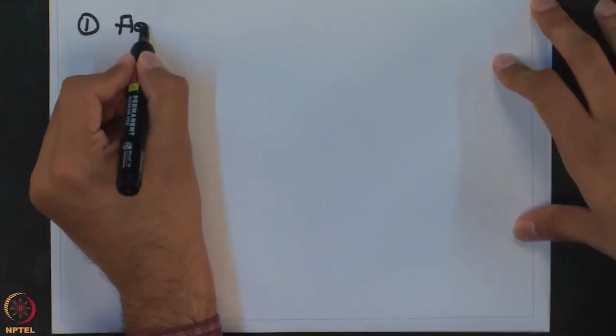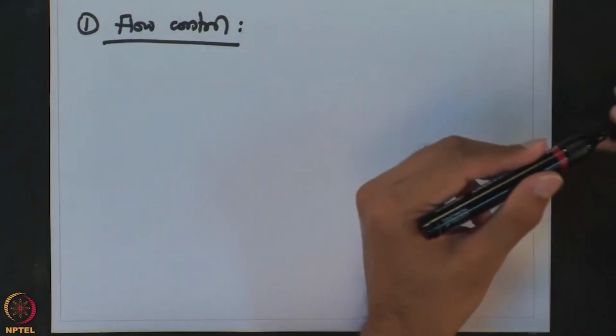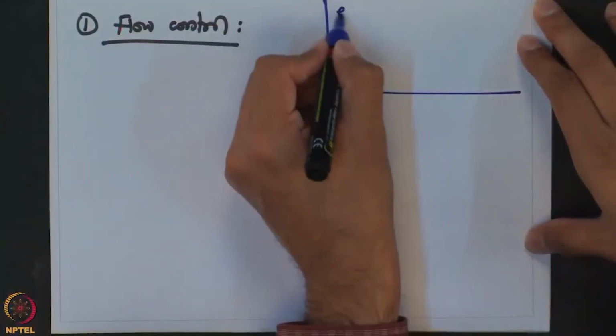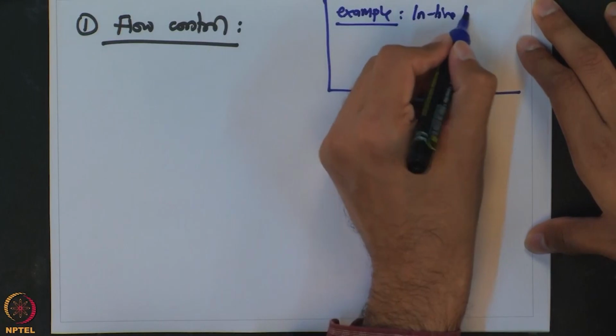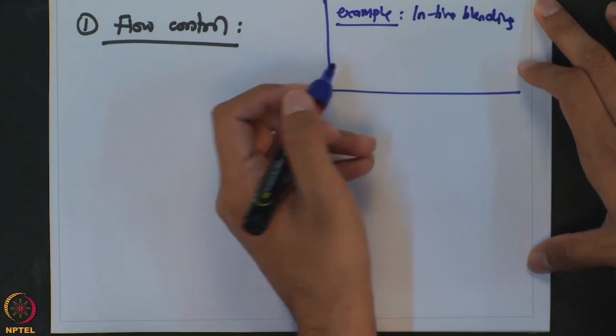So we will start with the very commonly used controlled variable, that is flow control. If you try to recollect the example which we had about the inline blending, there were two CISO options.